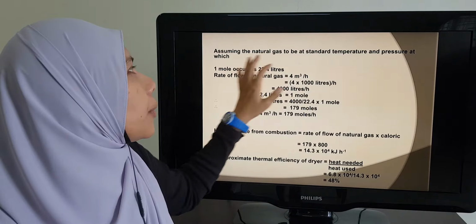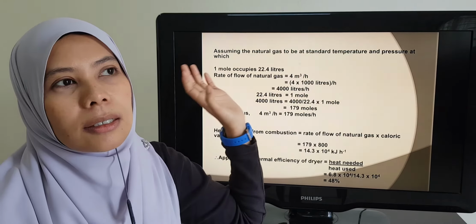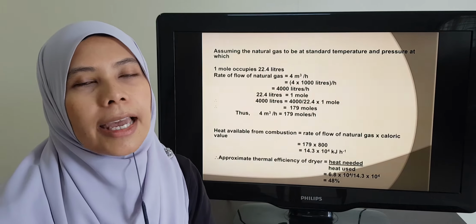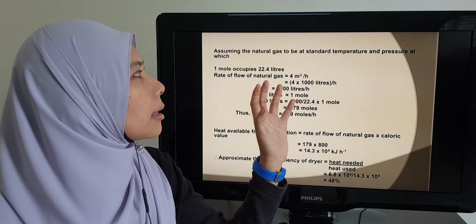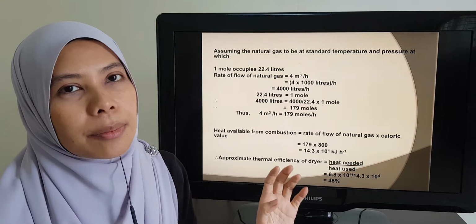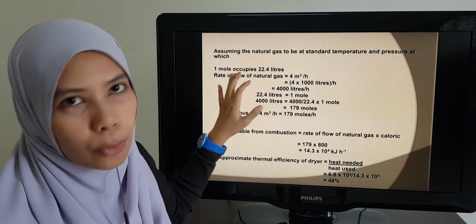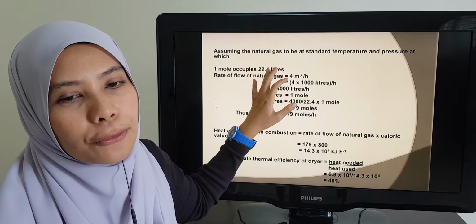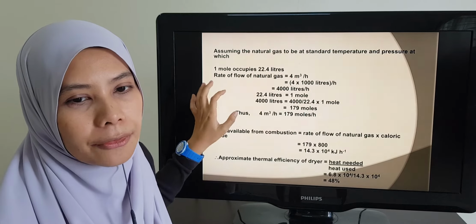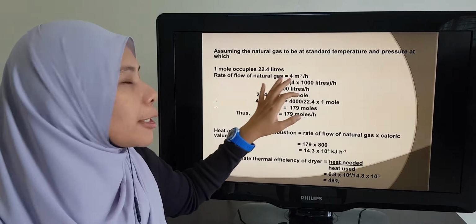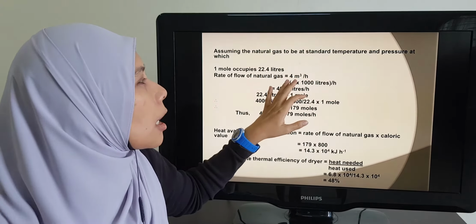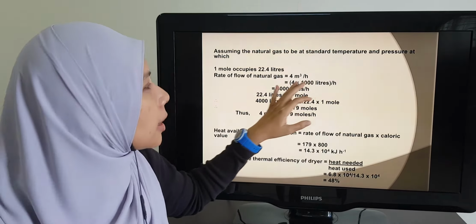Then we assume that the process is at standard temperature and pressure, so 1 mole will occupy 22.4 liter. The rate of flow for natural gas given in the problem statement is 4 meter cubic per hour.